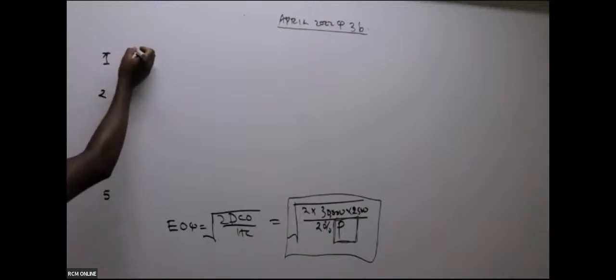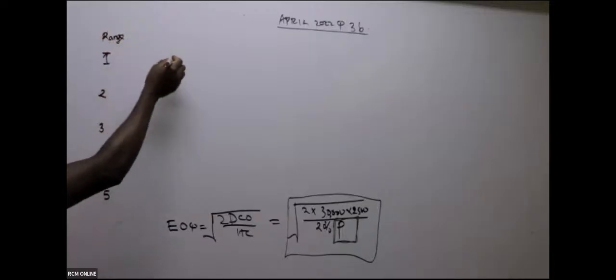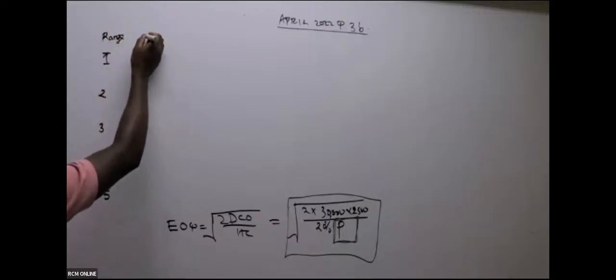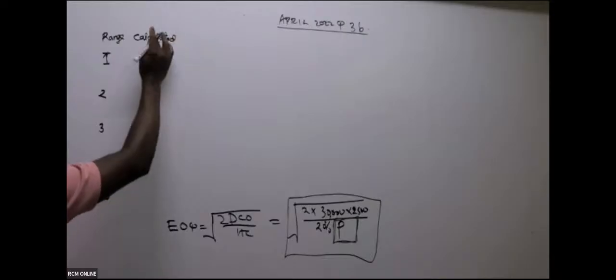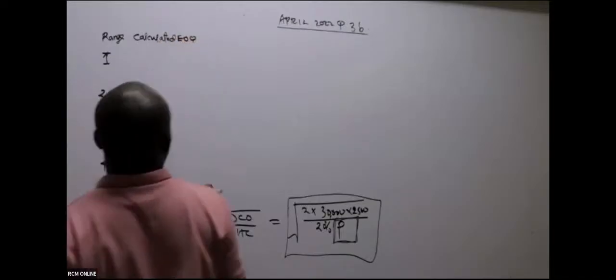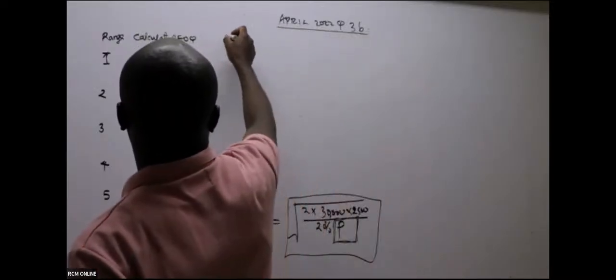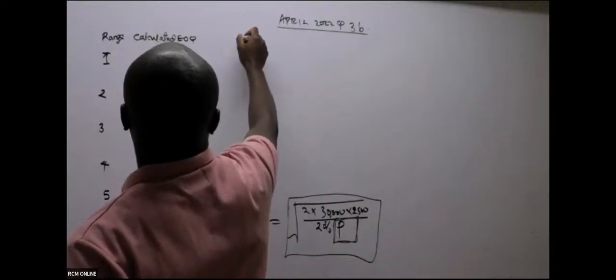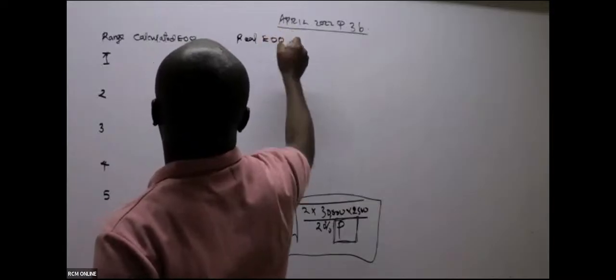So number one, we are going to have the range. Let's calculate the economic order quantity. Once that is calculated, it may not be the real economic order quantity.